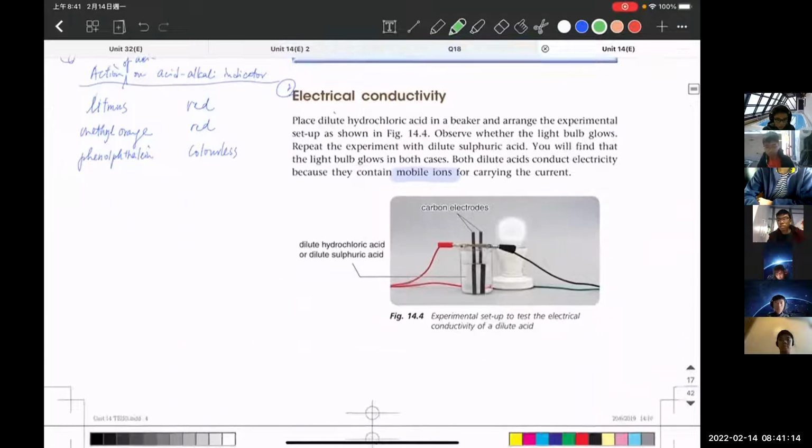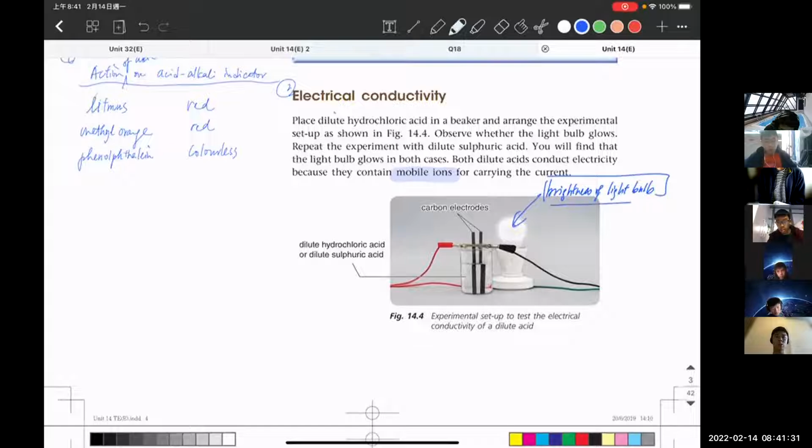Now I repeat here, the brightness of a light bulb, again I draw the same thing. It is just an indirect measure of the concentration of mobile ion.